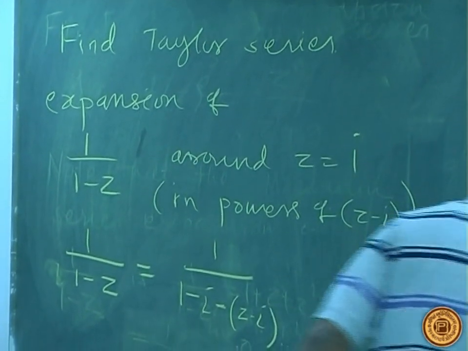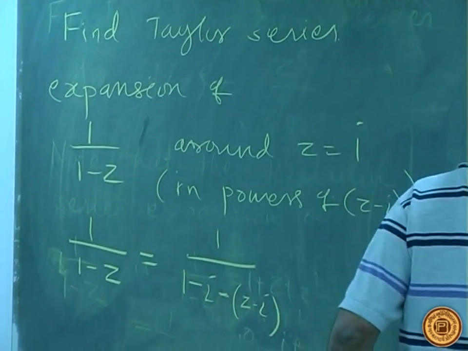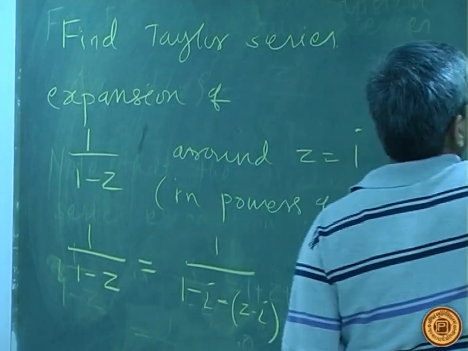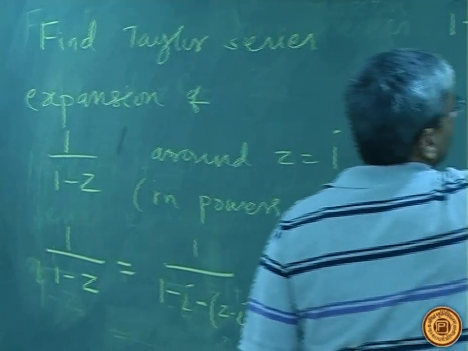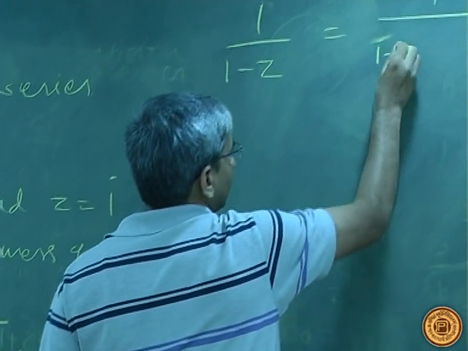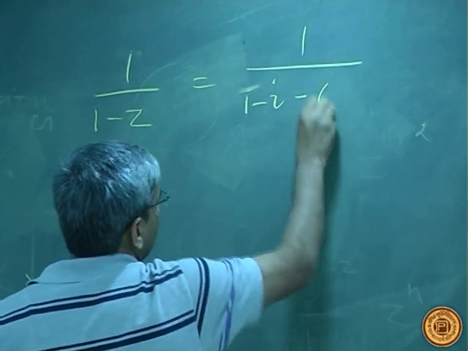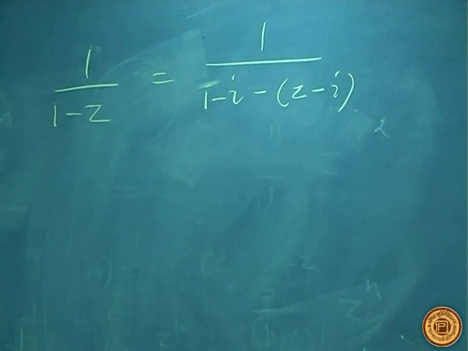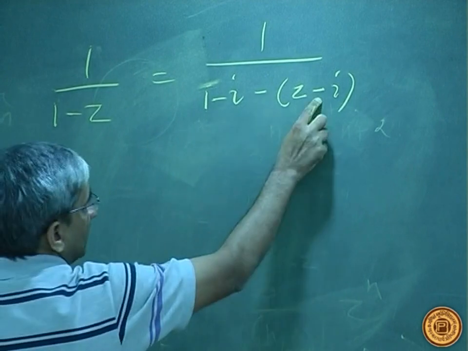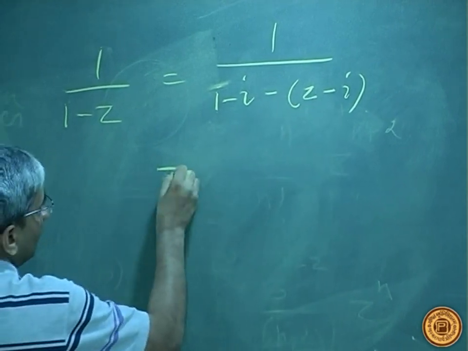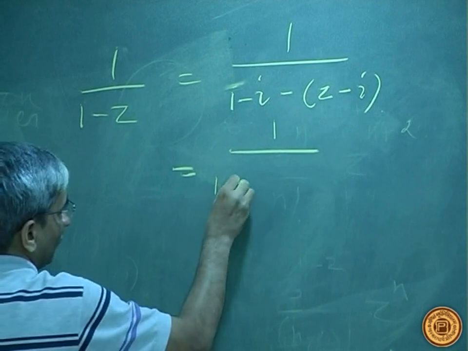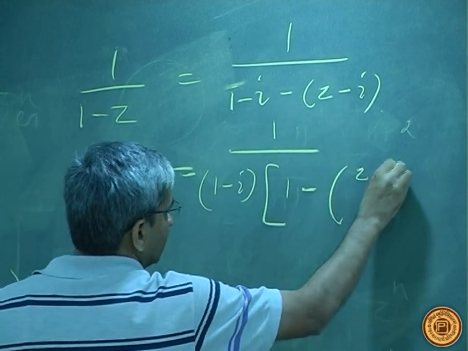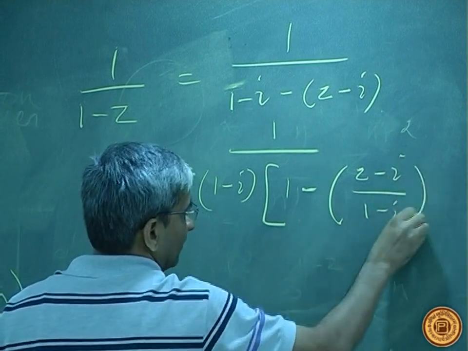Maybe I will write the entire expression again so that you can see it in one shot. 1 over 1 minus z, first I wrote as 1 over 1 minus i minus z minus i. Just check whether it matches: 1 minus z minus i plus i gets cancelled. Now this is equal to 1 over 1 minus i outside, into bracket 1 minus z minus i upon 1 minus i.